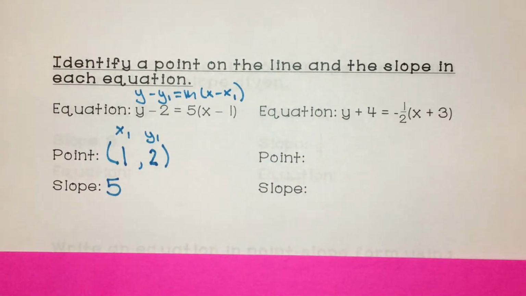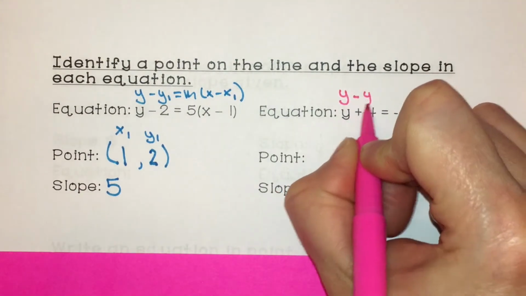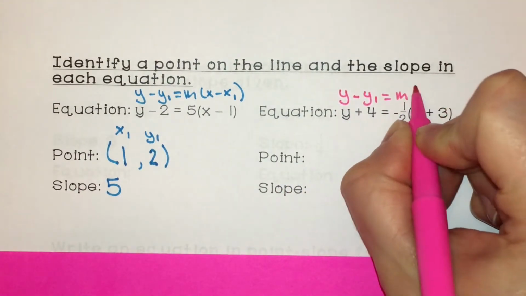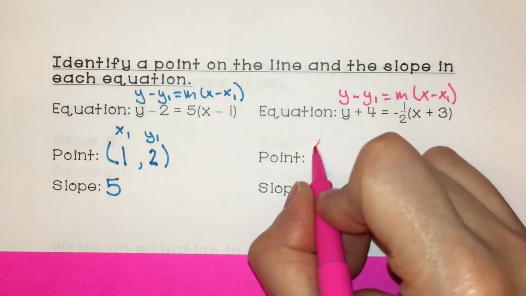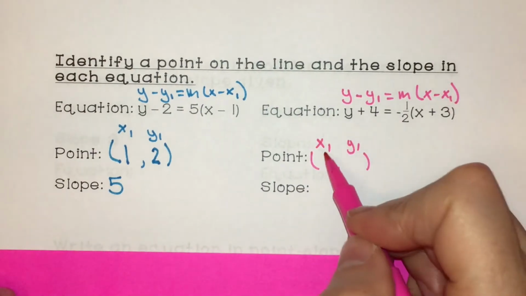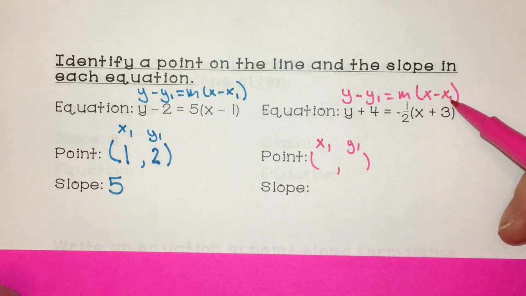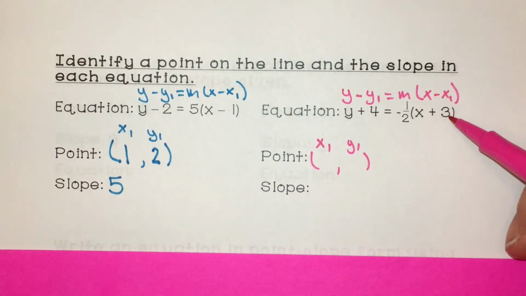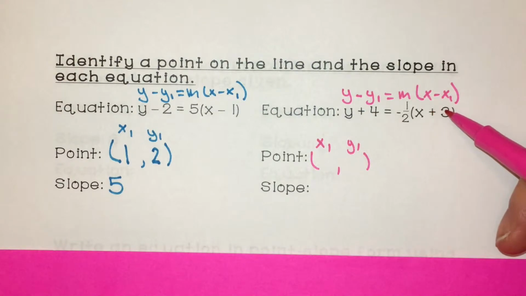Next one, there is a slight trick. I'm going to write above this y minus y1 equals m times x minus x1. So our point. Okay, so I look at the x1 value. It's supposed to be x minus x sub 1, but it's x plus 3, meaning the only way to change a minus to a positive is if my point was actually negative.